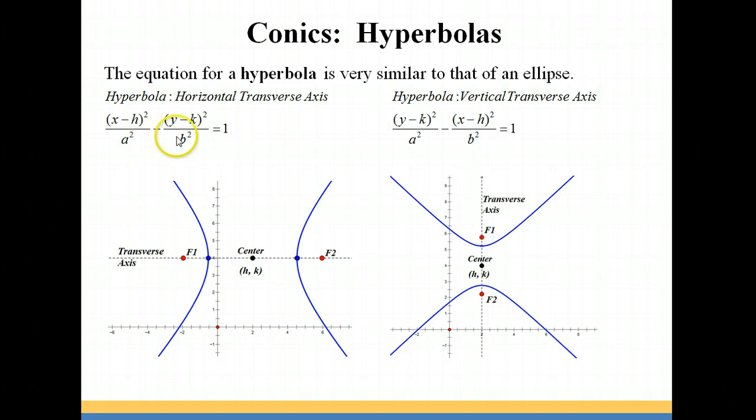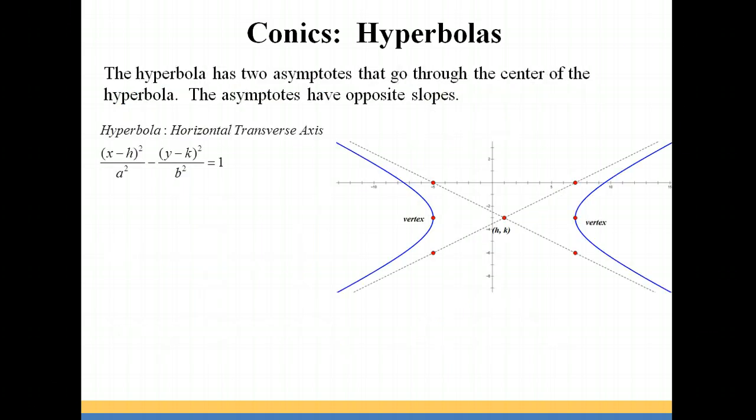Remember that your center is going to be represented by (h, k), and a and b are going to help us to find our asymptotes. So let's go ahead and do that. Your asymptotes will go through the center of the hyperbola, which is your (h, k), and the slopes can easily be found by looking at your equation for the hyperbola.